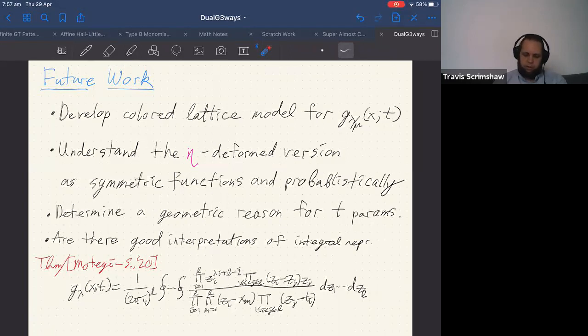Something else I'd like to look at and figure out would be, what do the refined parameters mean in terms of the geometry? So this beta parameter is natural because it shows up in this thing called connective K-theory.